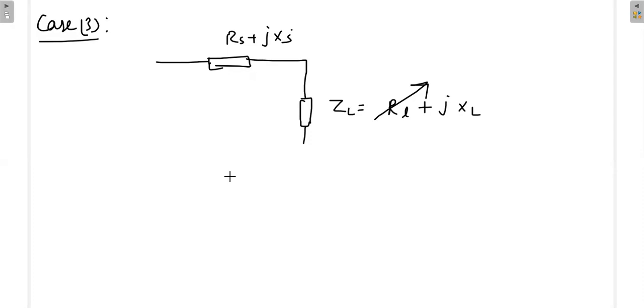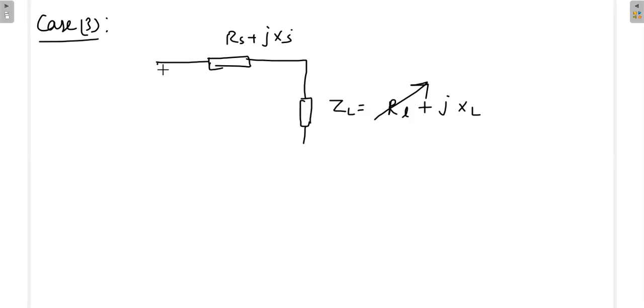If the RL is variable, then what can we do now? Because XL we cannot vary. Then what to do? If you imagine properly, this is only variable. That means I can take this quantity here. What is that? This JXL I can take there. So equivalently I can modify like this.